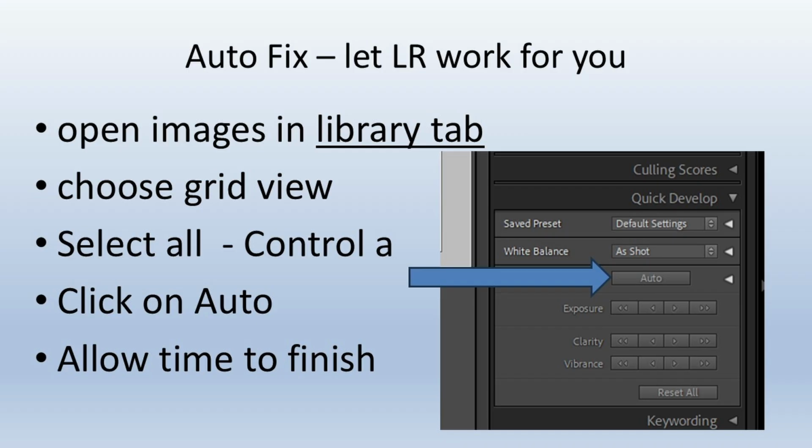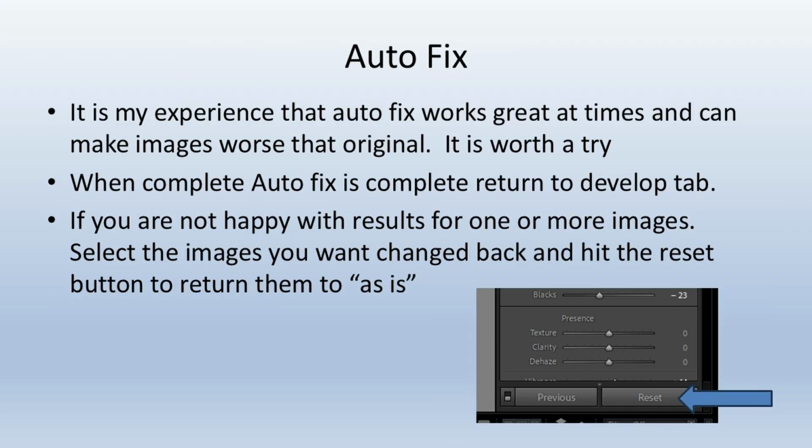Pull that down, and there's an Auto button, and you click the Auto button, and that will instruct Lightroom to do its best job of fixing the exposure. It's my experience that auto fix works great at times, and some of the images become worse than the original, but it's worth a try to save you the effort of having to do it on the files themselves.